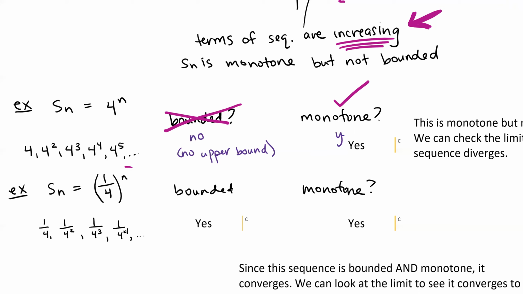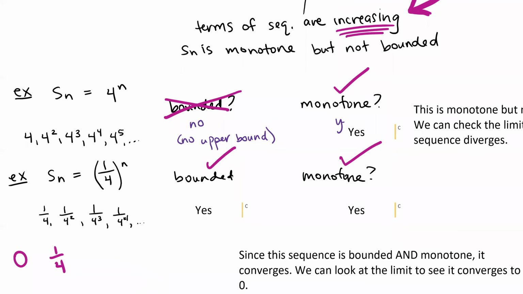Okay, next example, we've got Sn equals 1/4 to the n. And this one is bounded. It's bounded between 1/4 and 0. So yes, it is bounded, and yes, it's monotone because the terms are getting smaller and smaller. In other words, this sequence is decreasing, so it is monotone.